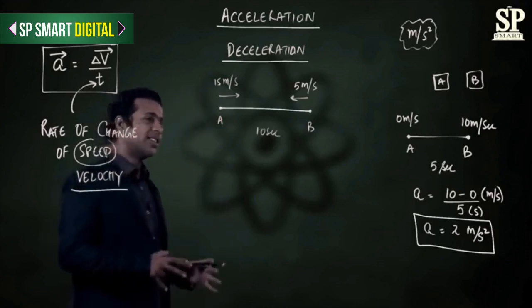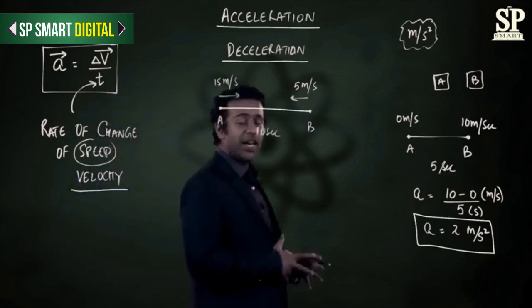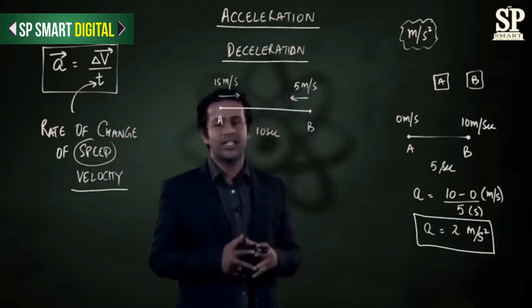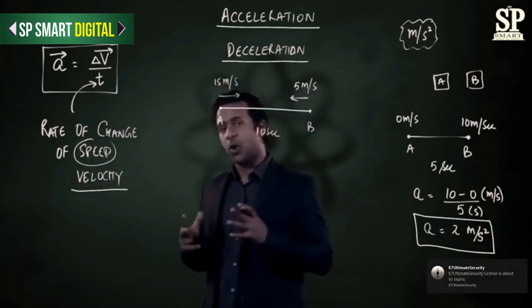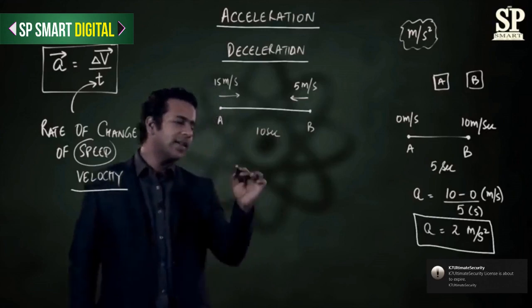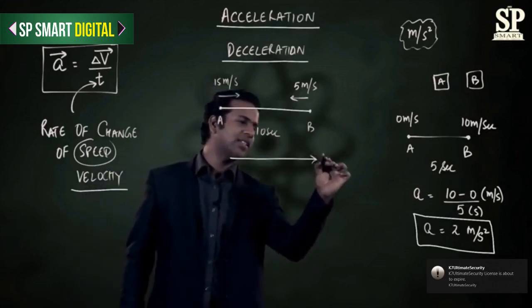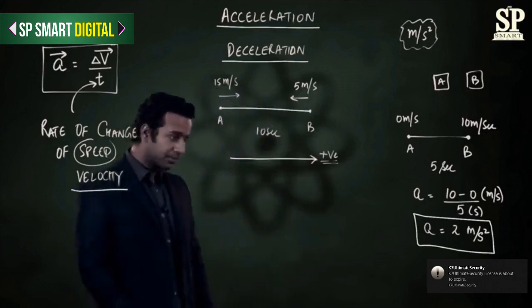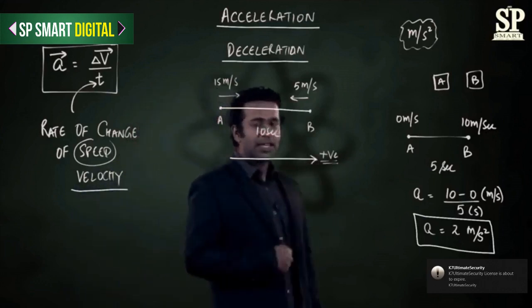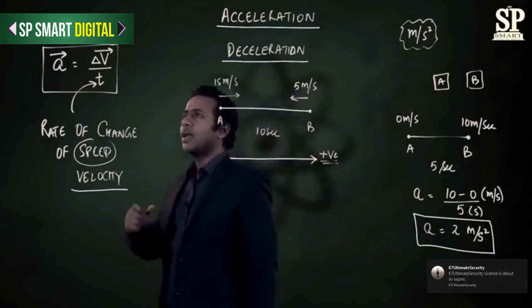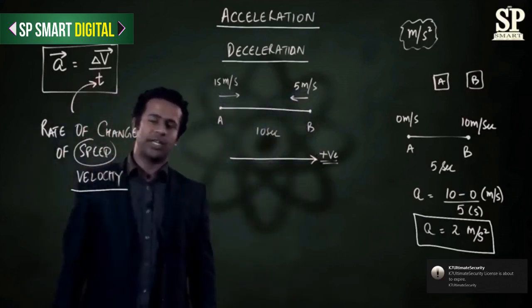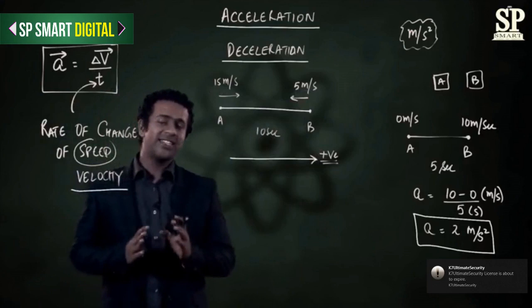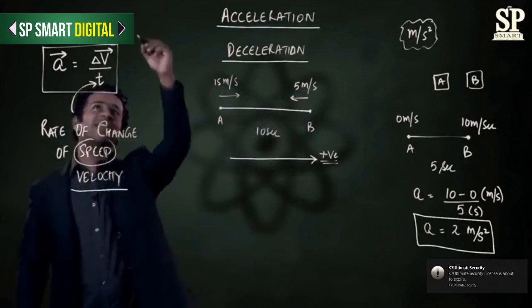So now, since we are dealing with vectors, let's first decide a direction which we are going to take as positive. So let's say that I say that this direction is positive. Right. Now, another thing to notice is that we are talking about change in velocity. Now, change in anything is always defined.